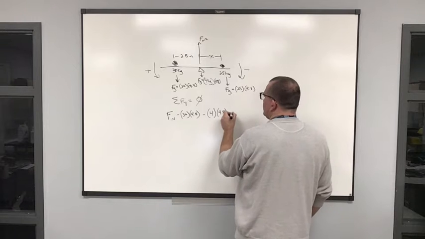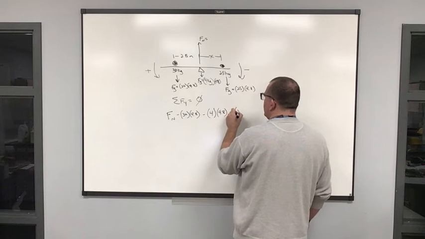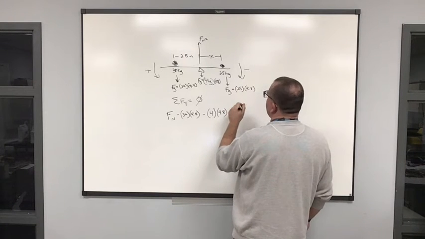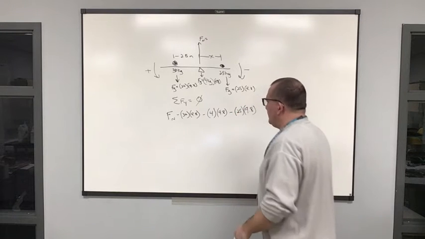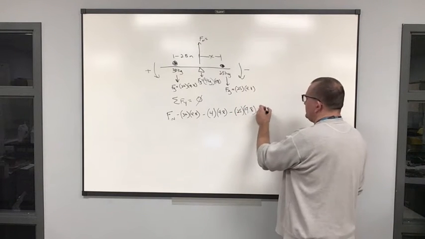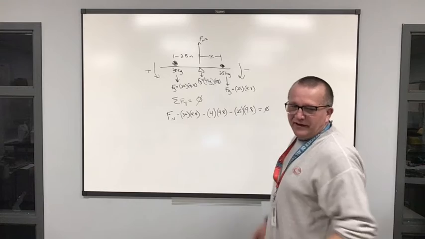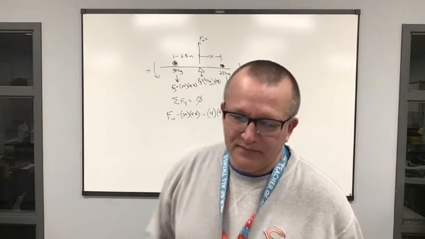And then I have this, which is negative 25 times 9.8. So, that's all going to be equal to 0. So I can put all that together, and I should be able to find my normal force.